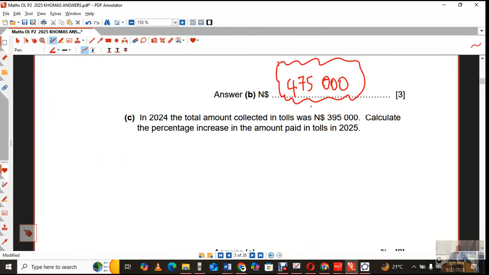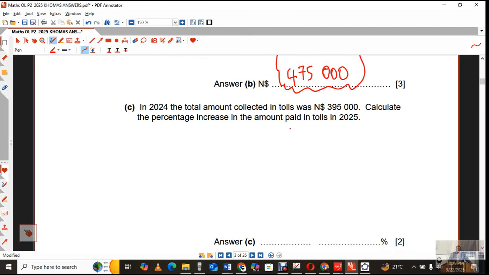Now they say in 2024, the total amount collected in tolls was 395,000. Calculate the percentage increase. So what do we know? We know that 2024 versus 2025. 2024, according to what they give us here, we had 395,000. 2025, we just calculated we have 475,000.